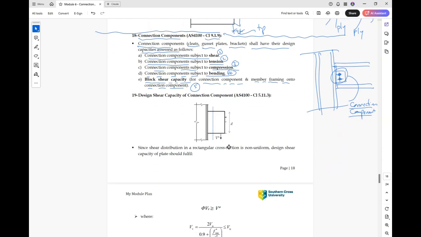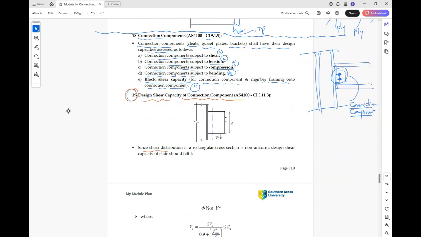So let's look at the design of shear capacity of the connection component, similar to this plate here.